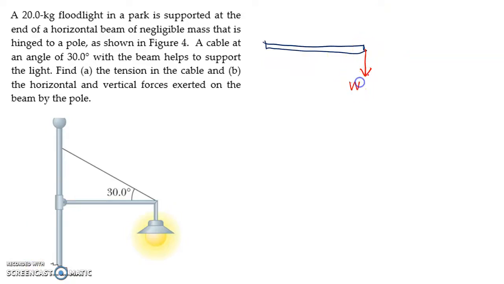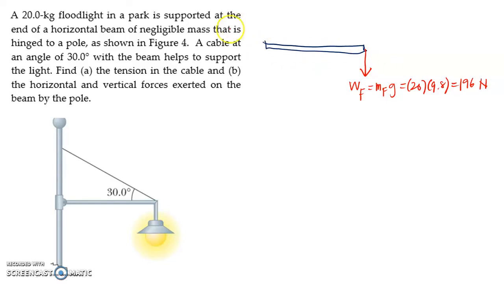So W, and because this is the weight caused by the floodlight, it is going to be WF. It is going to be the mass of the floodlight multiplied by g. The mass is 20 kilogram multiplied by 9.8. It is going to be equal to 196 Newton.